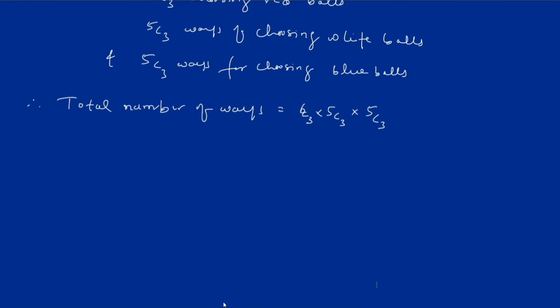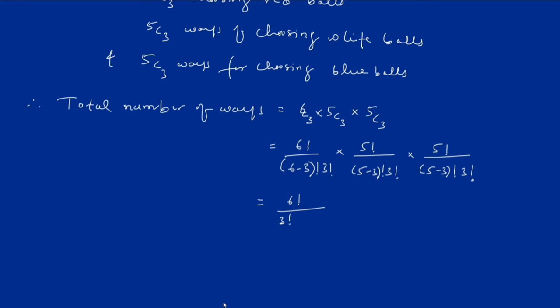What we get here: 6 factorial upon (6 minus 3) factorial into 3 factorial, into 5 factorial upon (5 minus 3) factorial into 3 factorial, into 5 factorial upon (5 minus 3) factorial into 3 factorial. Which is equal to 6 factorial upon 3 factorial into 3 factorial, 5 factorial upon 2 factorial into 3 factorial, again 5 factorial upon 2 factorial into 3 factorial.